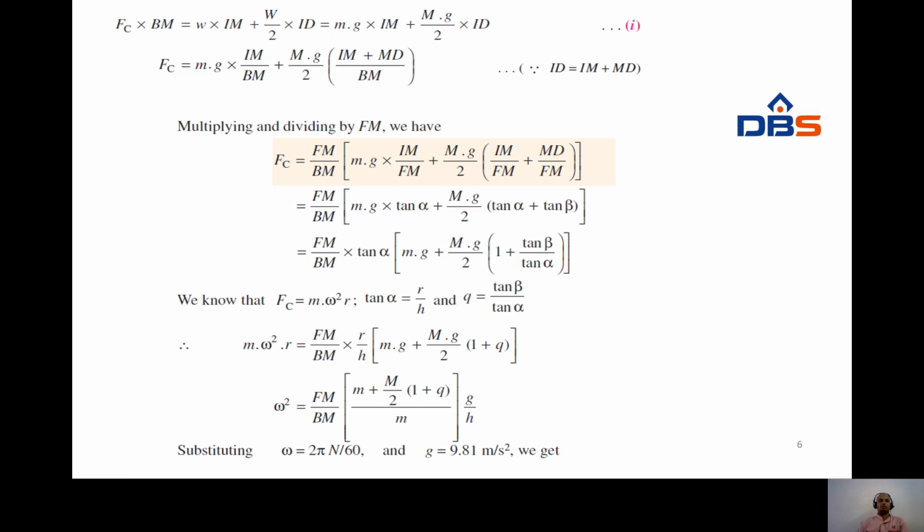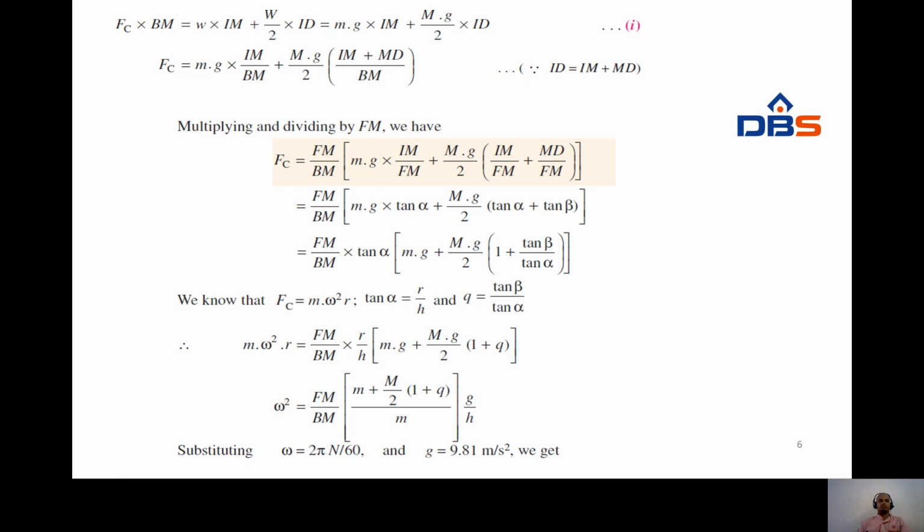Taking the common value, we get mg by 2 into IM plus Md by BM. Then multiplying and dividing by FM on both sides, FM by BM into mg into IM by FM plus mg by 2 into IM by FM plus Md by FM.